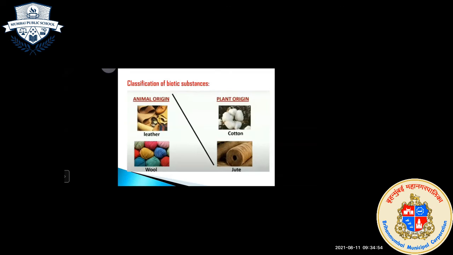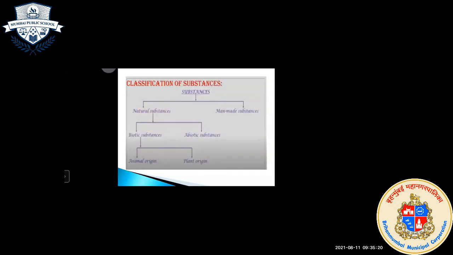Understood, dear students? This I am going to ask you. So please pay attention. This is very, very important. Substances are divided in two parts, natural and man-made. Again, the natural substance is divided in two parts, biotic and abiotic. And again, the biotic substance is divided in two parts, that is animal origin and plant origin.